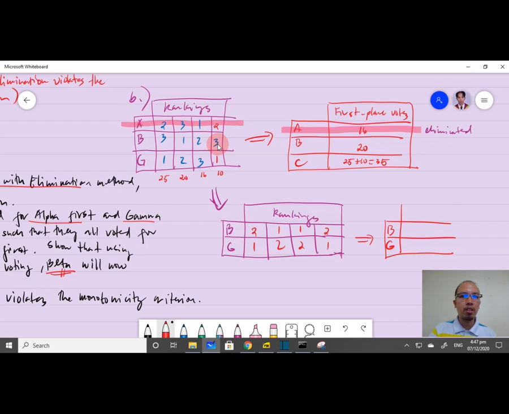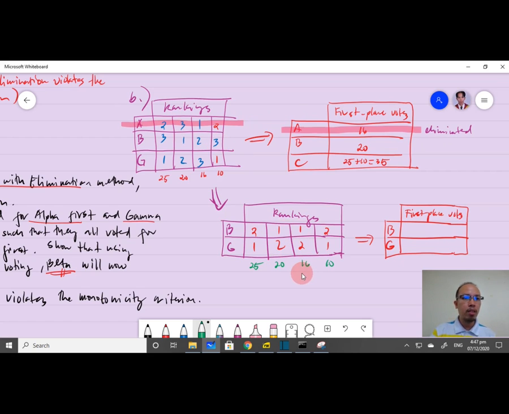BG, using plurality with elimination. First place votes. Okay, so let's have this color here. We have 25, 20, 16, and 10. Okay, so here we have for beta, as you can see, we have a first place here.